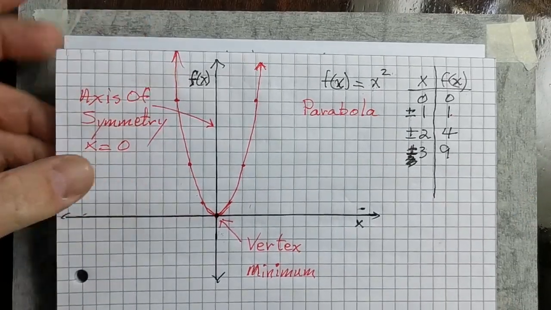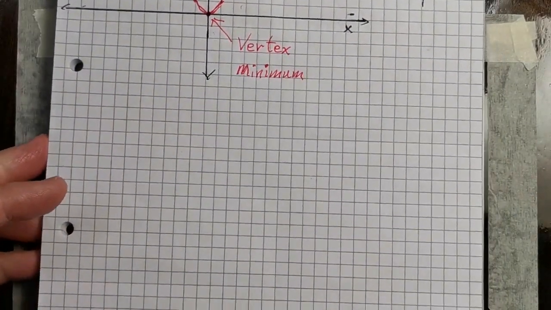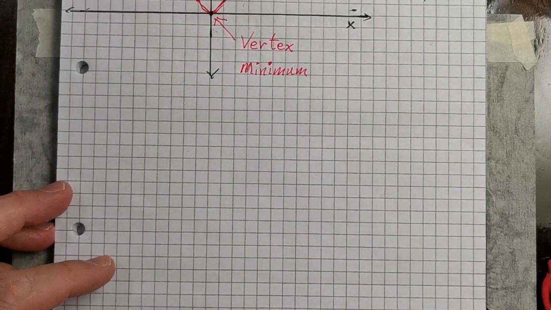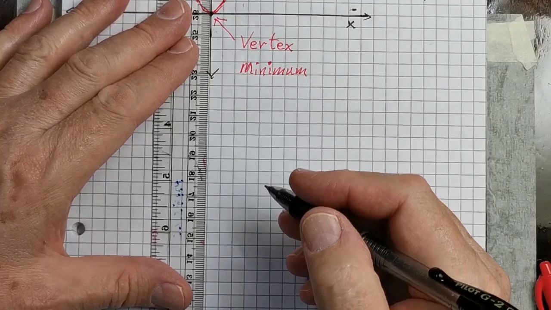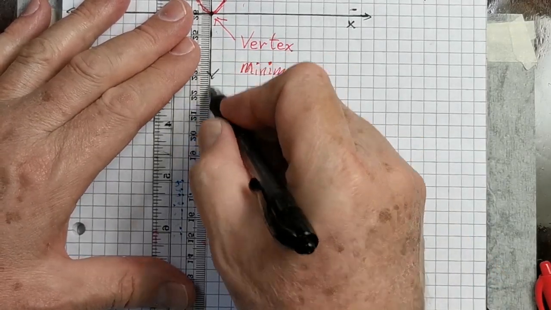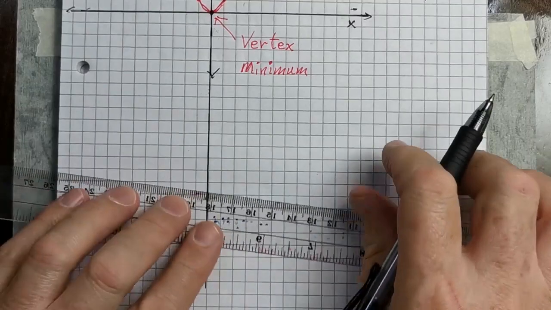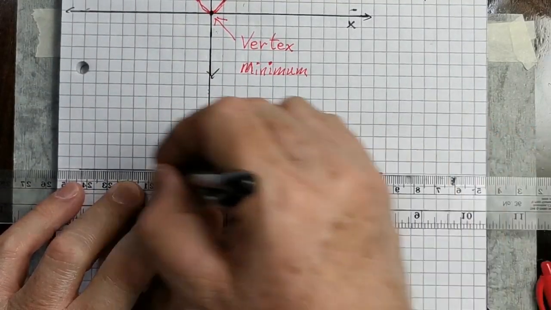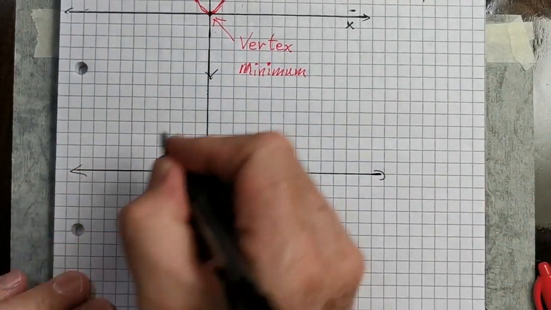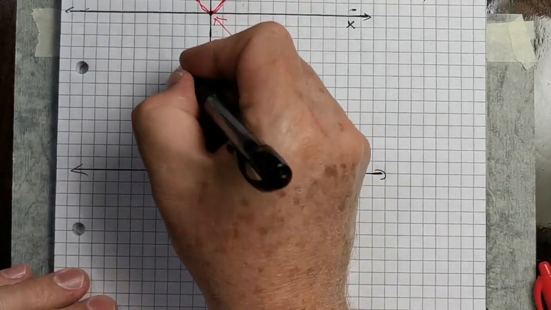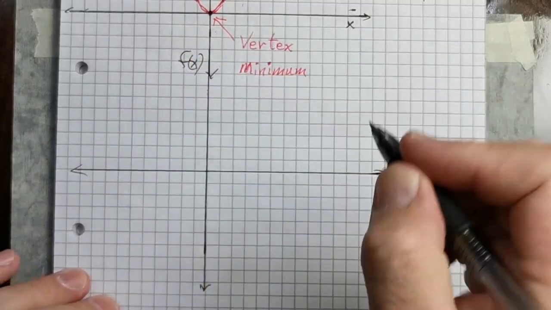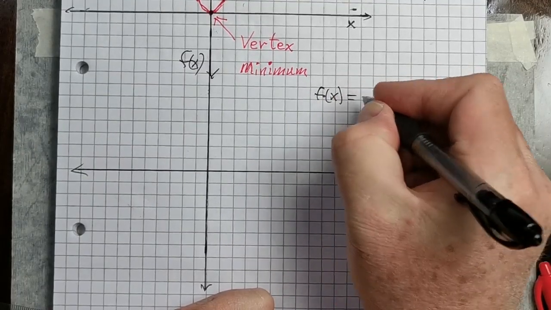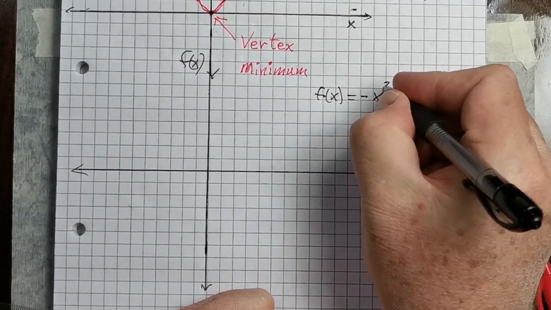Let's take another example. Let's flip it around and do another one that is almost the same but slightly different. So let's just take this graph and extend it on down here. And let's go this direction here for our horizontal axis. And let's label this again, f of x up here. And let's now deal with the graph of f of x equals minus x squared.